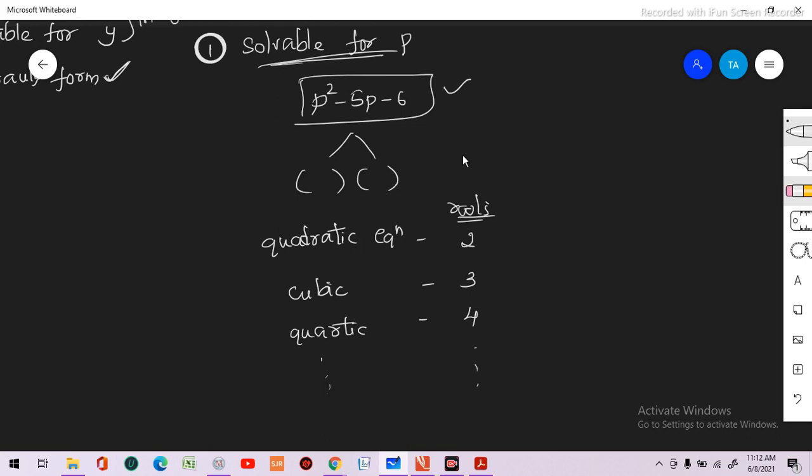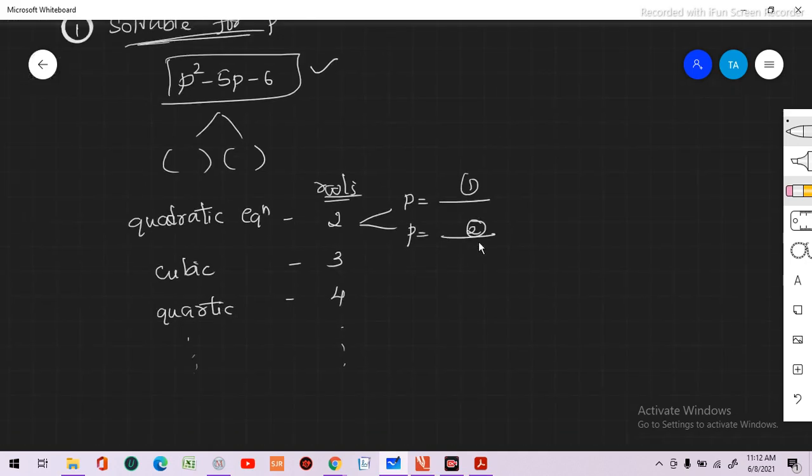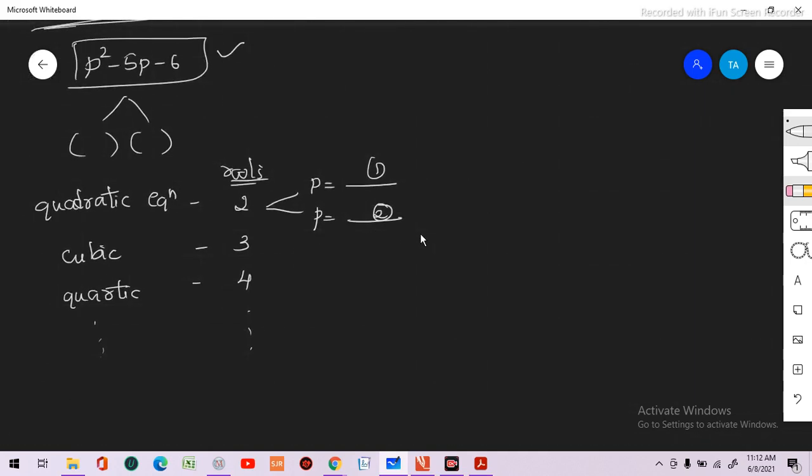So the first step is to find the factors and the roots. If it is a quadratic equation, I will get two values. P is equal to this, this is our first value, this is our second value. Then we will substitute the p value.